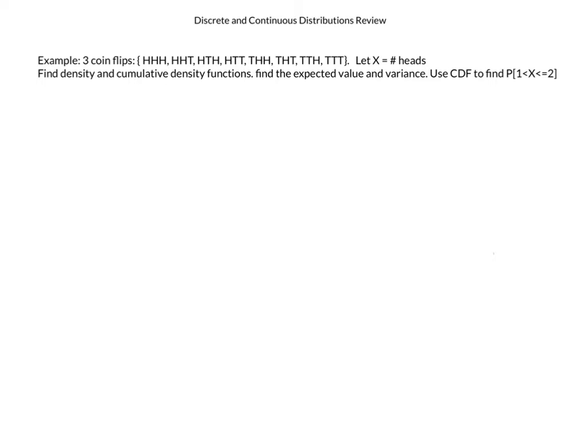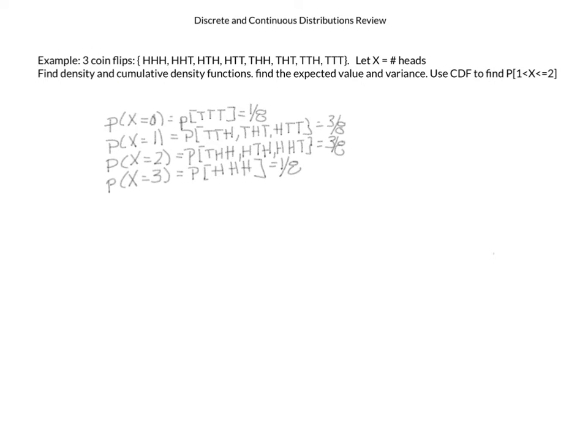So let's let our random variable X equal the number of heads. For now, we're going to focus on finding the density function. We list the possibilities for random variable X. So X can equal 0, X can equal 1, X can equal 2, and X can equal 3. The probability X equals 0, that's 0 heads, can happen one way, and that's if there are all 3 tails.